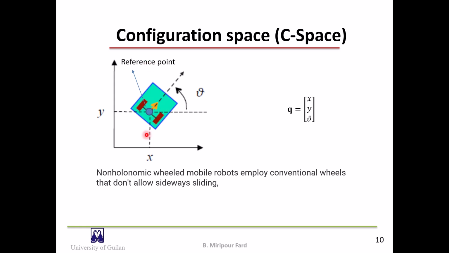There are velocity constraints between wheels and ground, which we know are non-holonomic and reduce the possible velocities of the robot. However, these constraints do not reduce the dimension of configuration space. As we have seen, sideways motion can be achieved by parallel parking, and the robot can reach any configuration in the three-dimensional space.